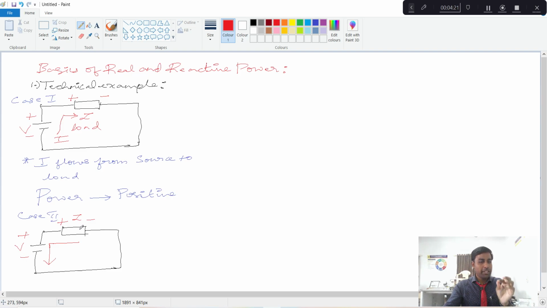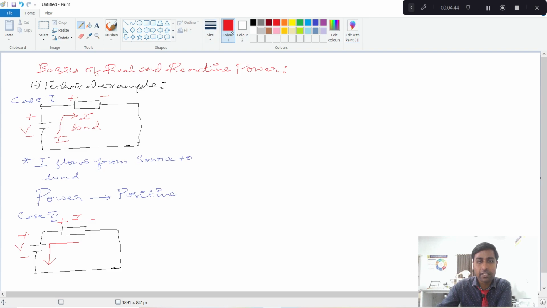In the load my current is flowing from minus to plus, in the source my current is flowing from plus to minus. So load is pumping back power to the source. Examples of these kinds of loads are inductors and capacitors, which will pump back the power to the source, right?